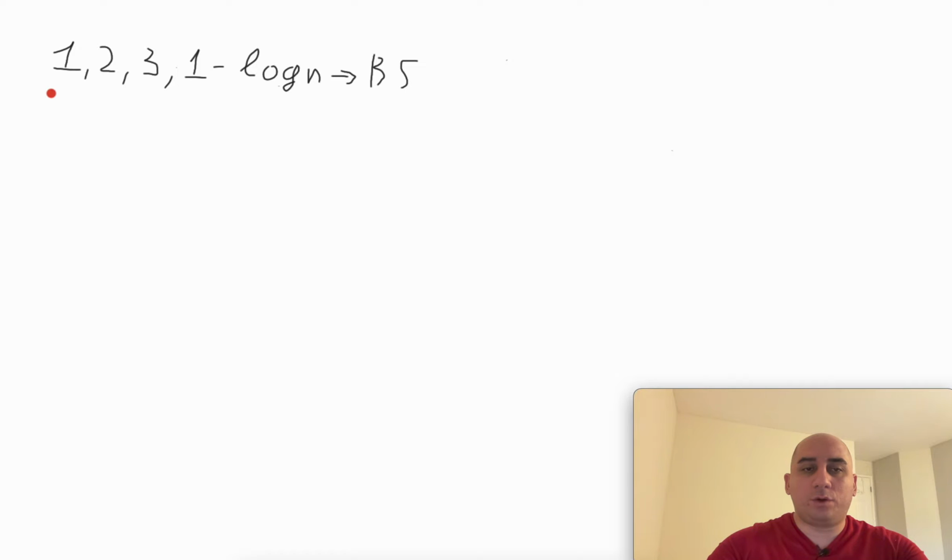So first, we need to mark left and right for the binary search. Our first element would be our left and our last element would be our right.